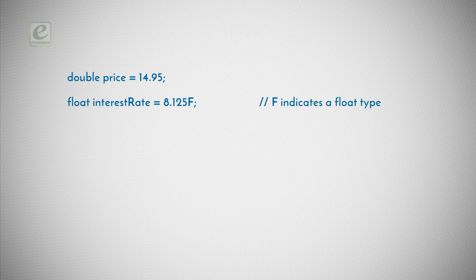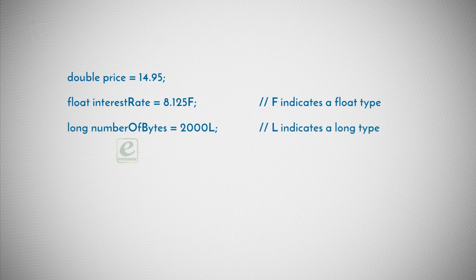Double price = 14.95; float interest rate = 8.125f; F indicates a float type. Long number of bytes = 2000L; L indicates a long type.